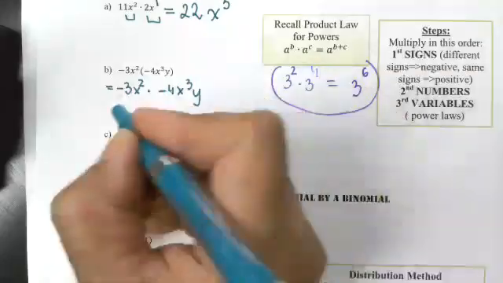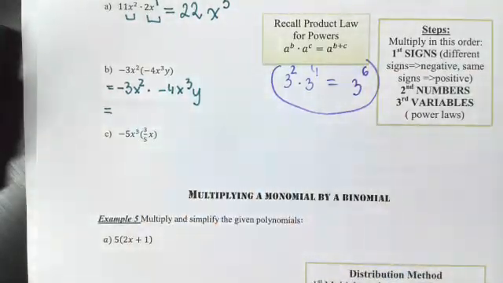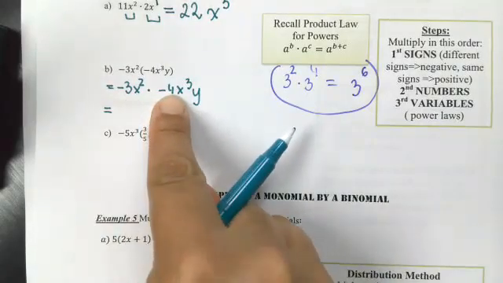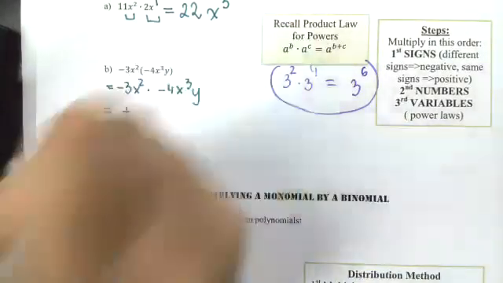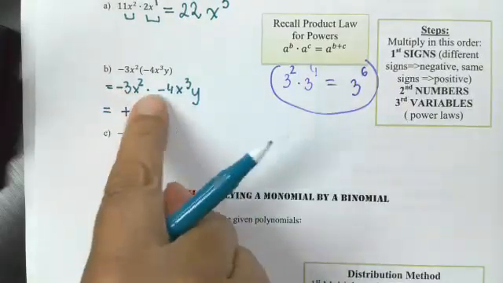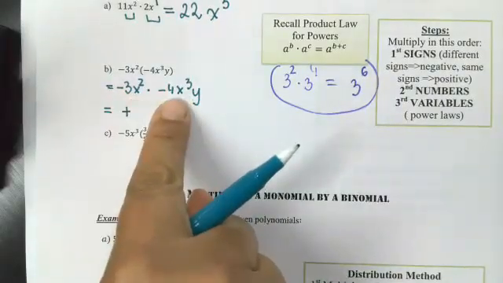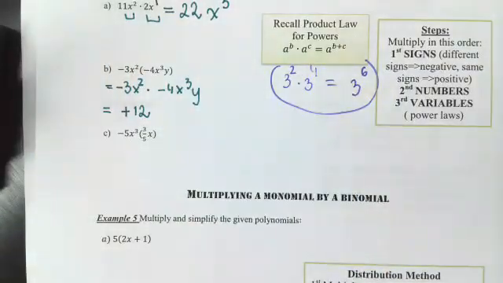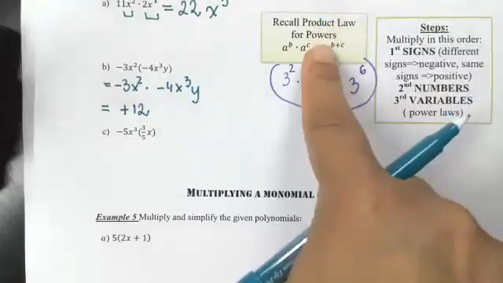Okay, so now we take it by parts, and we start with signs and numbers. So negative times a negative, remember when you multiply same signs, you're gonna get a positive answer. And then you're gonna do the numbers, 3 times 4, which is 12, right? So we tackle the signs and the numbers, multiplications. And then we're gonna go to powers that have the same base, so we can apply this power law.